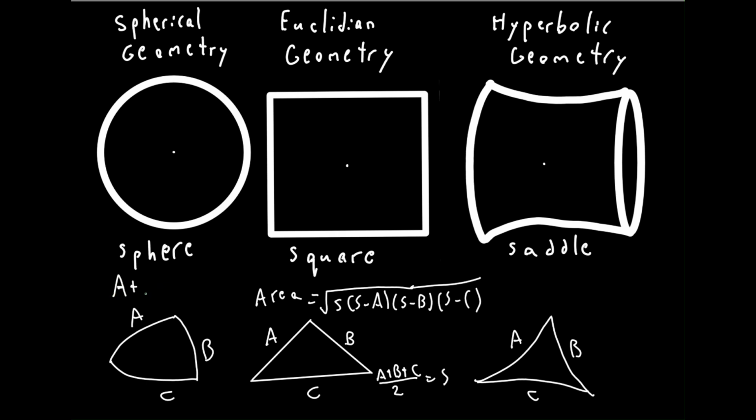For spherical geometry, A plus B plus C minus pi equals area. While for hyperbolic geometry, it's the opposite. Pi minus A plus B plus C equals area. Alright.